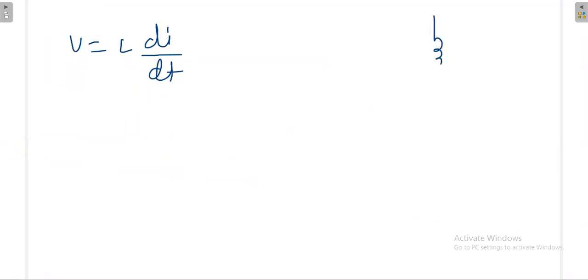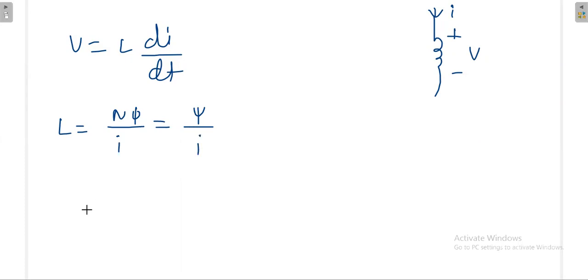When you apply some voltage across the inductor, the current flowing here is I, and the relation between the current and voltage is V is equal to L di/dt. So finally, what is the inductance value? Inductance value is total flux divided by current applied. Total flux we can write as psi divided by I. So again, what is E?